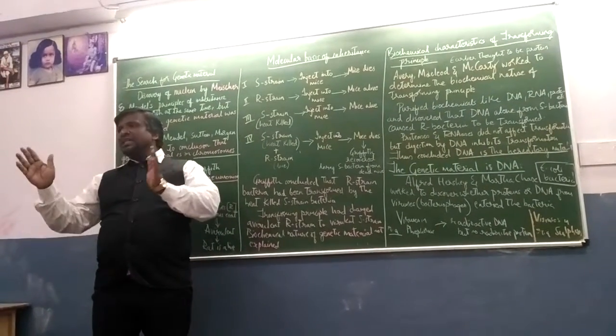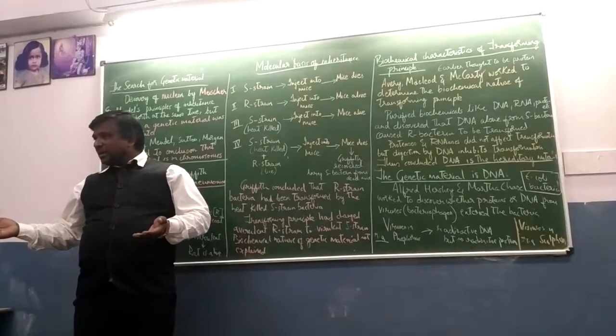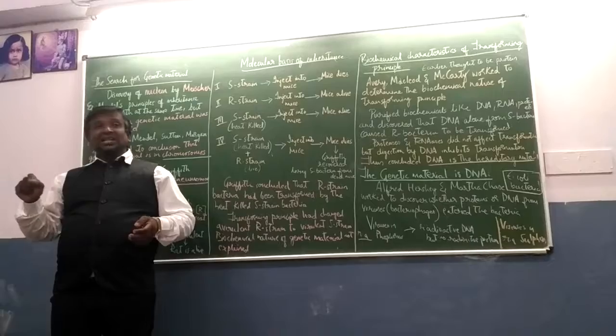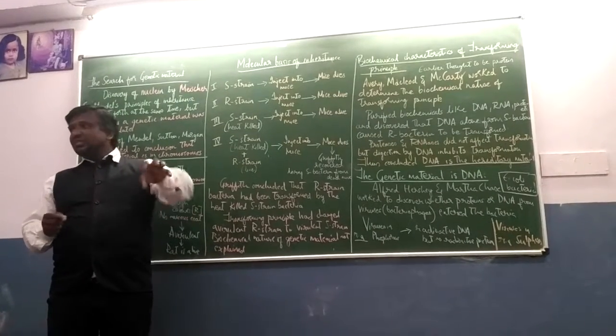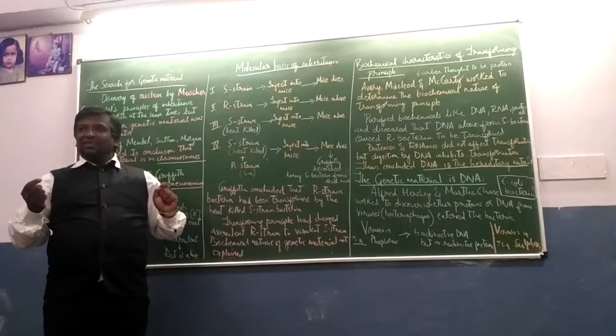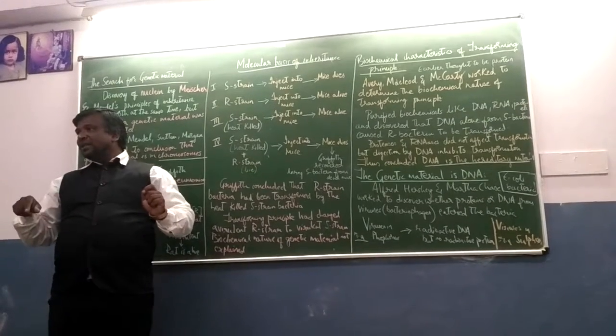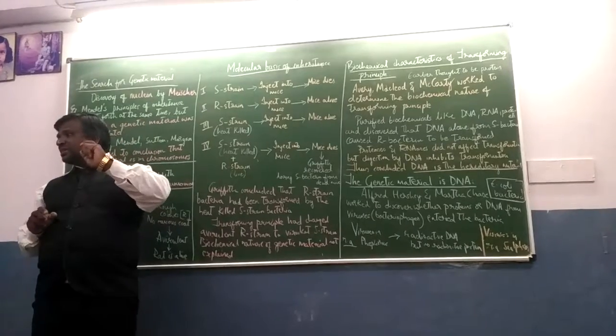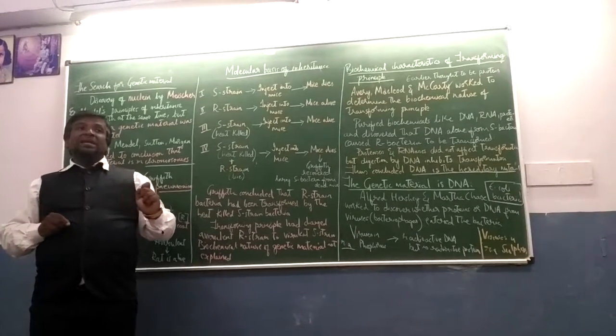I'm not using the term bacteriophage, I just use the term viruses. You should understand I am talking about viruses which infect bacteria. So viruses were there which infect E. coli bacteria. They took one set of these viruses.